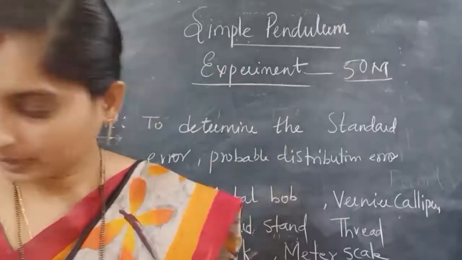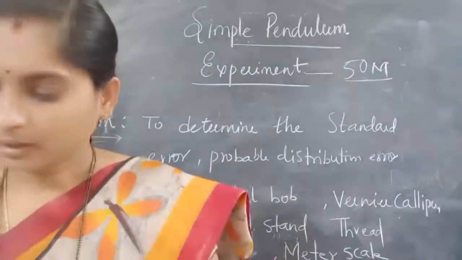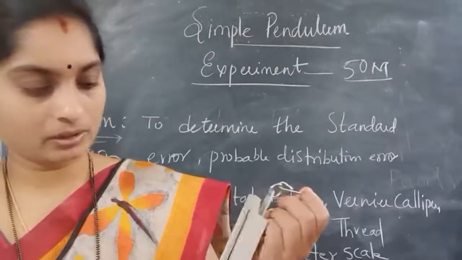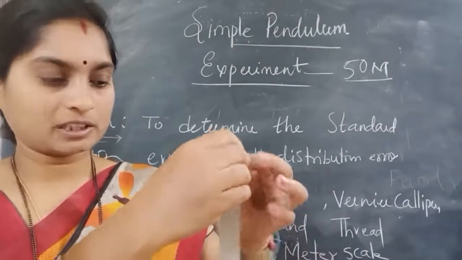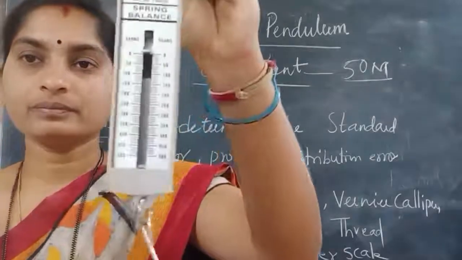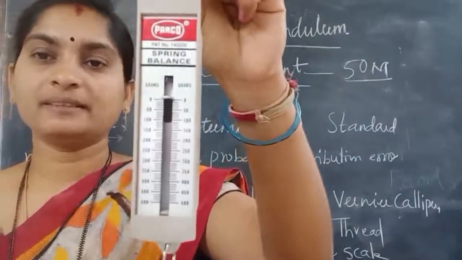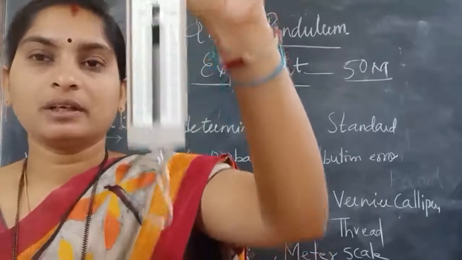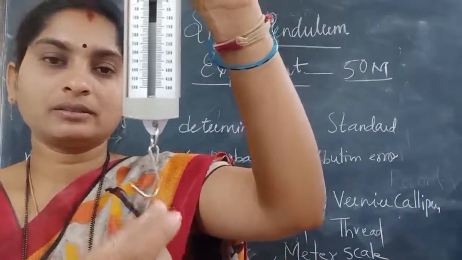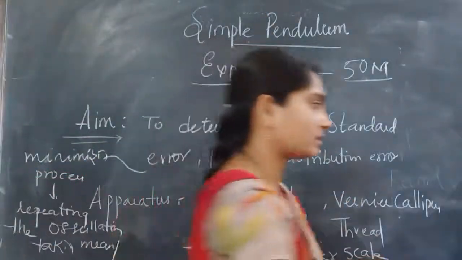Okay. Next one is, here for the retort stand we are using thread. Instead of thread, if I suspend that to a spring balance, you see here it is written spring balance. This is the weight where you can attach it. I will show how you can attach this weight.